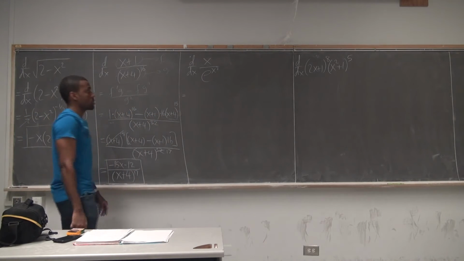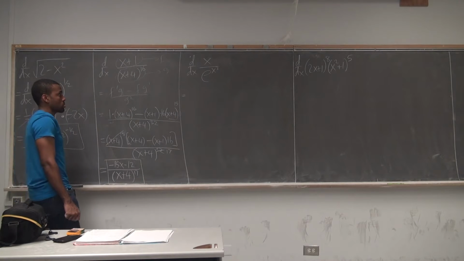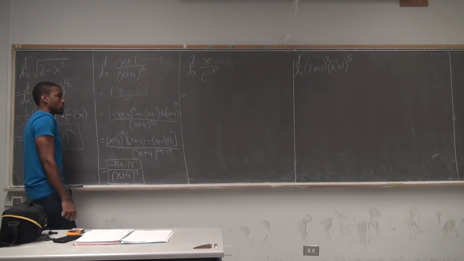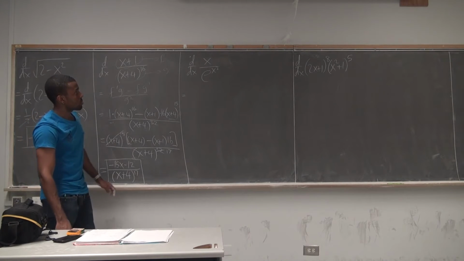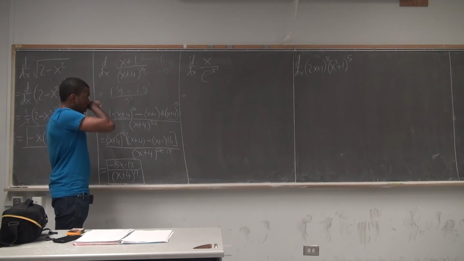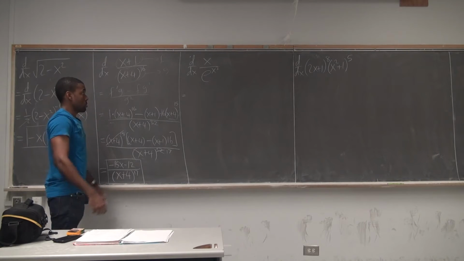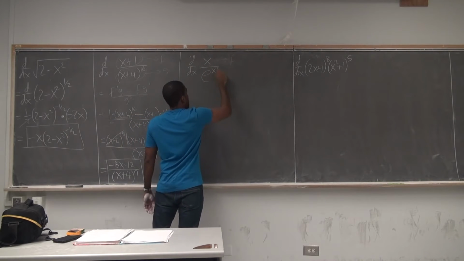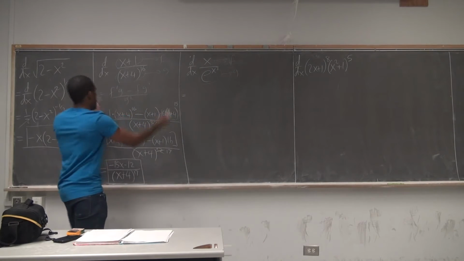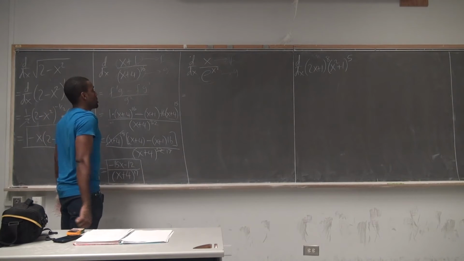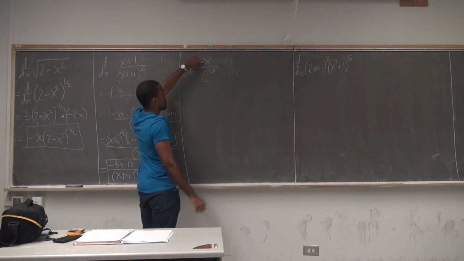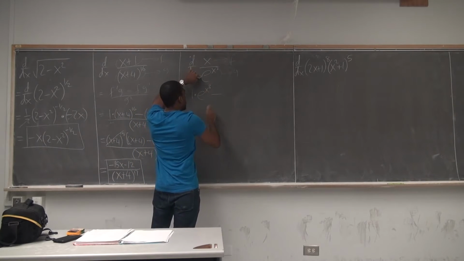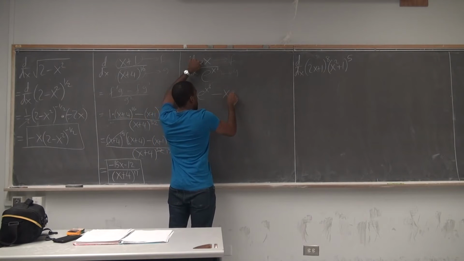What about this one? What rule? Quotient rule again, right? There's an f. That's your g. So it's a division of functions. And so I know I'm applying this rule. So it's f prime, which is 1, times the g, minus the f times g prime.